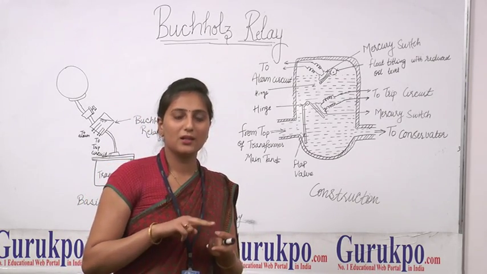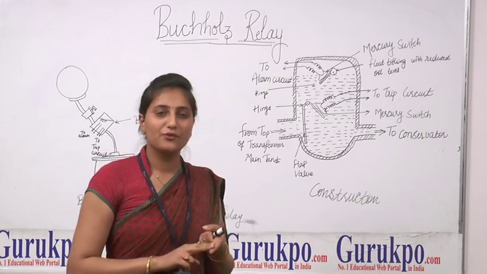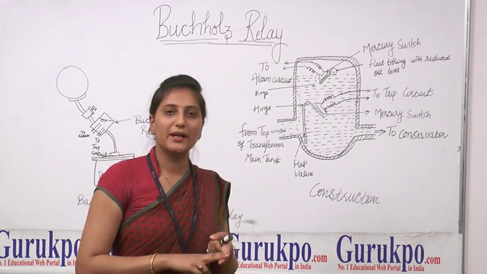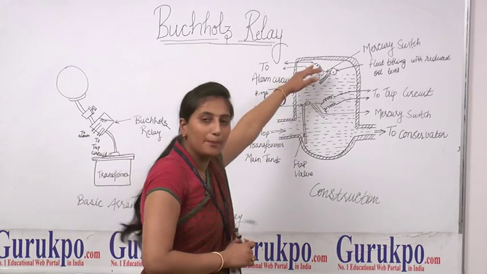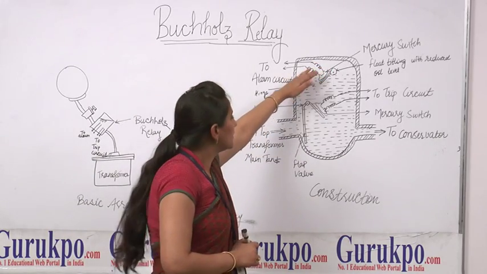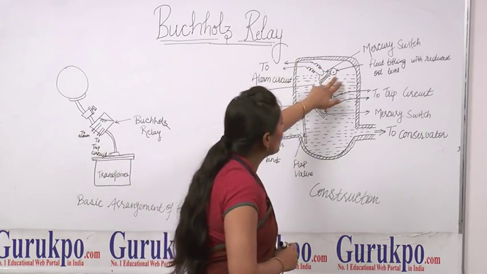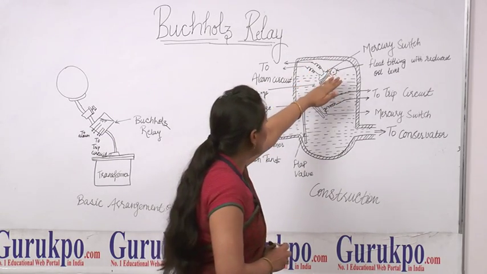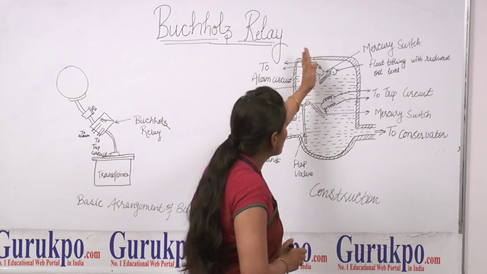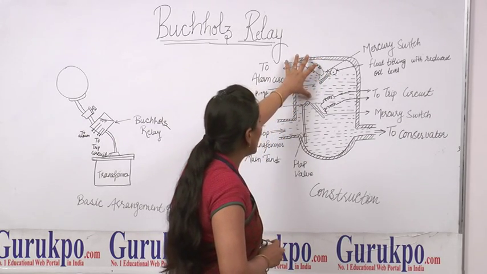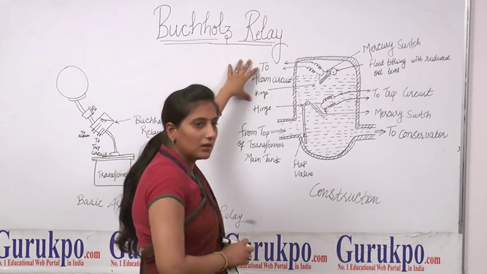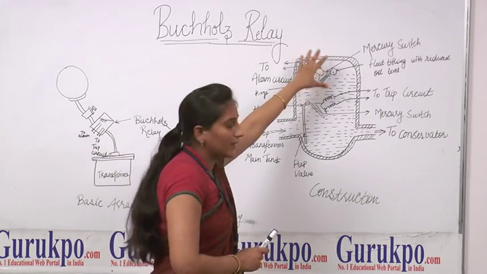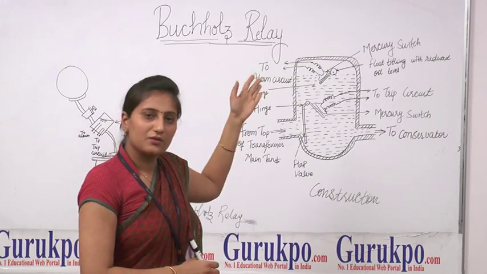The gas that will be produced is hydrogen. As we know, hydrogen is lighter in weight, so it will accumulate in the upper part of the chamber. Thus the hinged float will tilt towards the mercury switch, causing the contacts to close, and there will be an alarm ring. Thus we can see it can be used to protect the transformer.